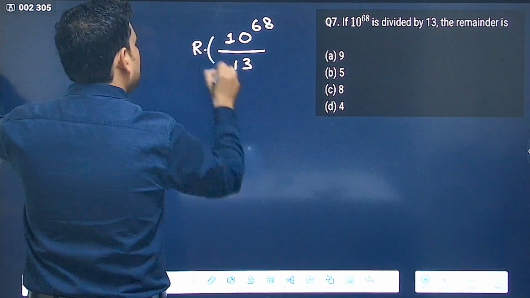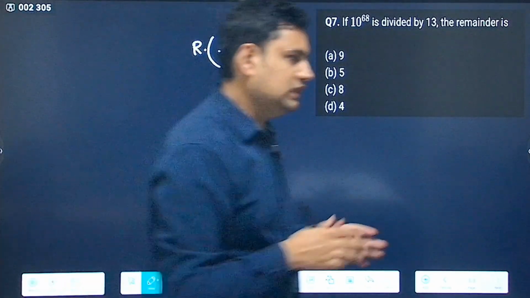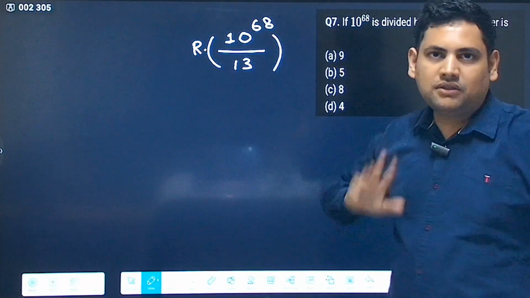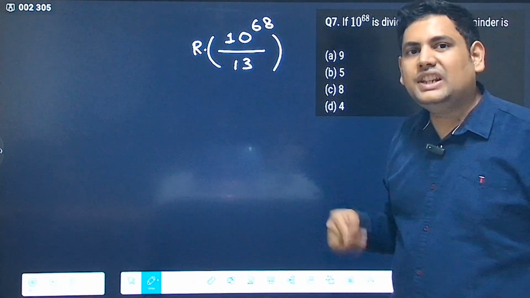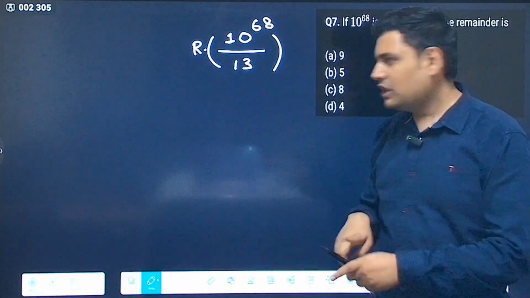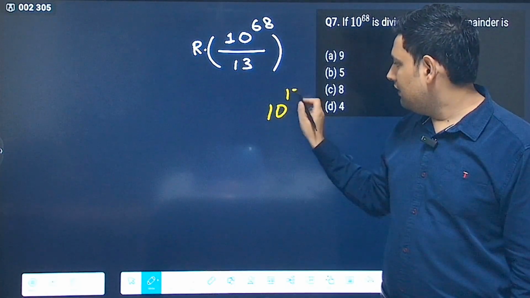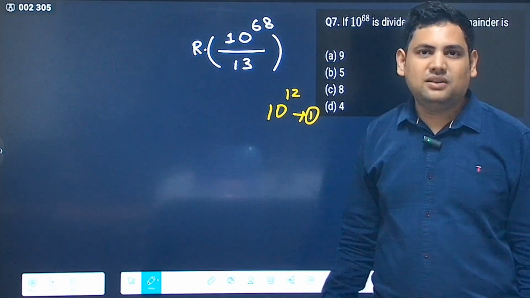I am telling you a very nice way that will make it very short. You are looking for power 1. Now here can you get power 1? If you apply little Fermat's theorem, you will get 10 power 12 gives you remainder 1, but that is not very helpful.